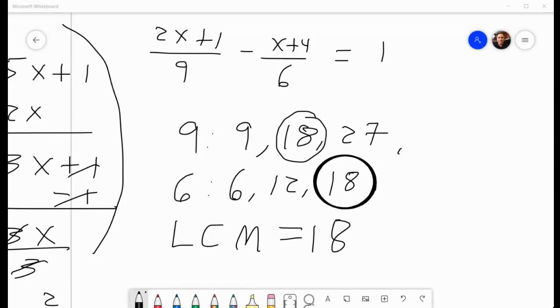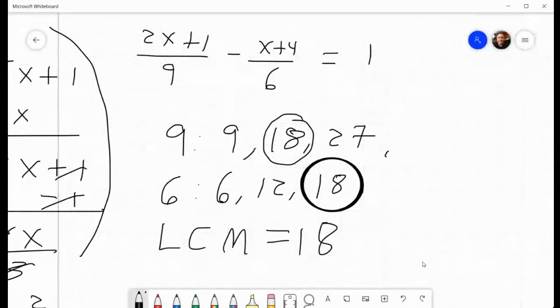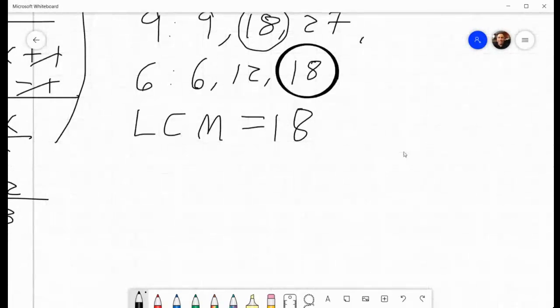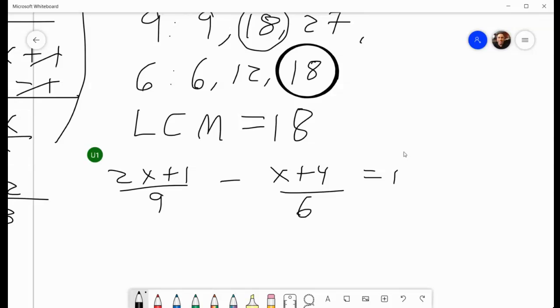So the next thing we do is we're going to multiply both sides by 18. Right? That's our least common multiple. So let me just rewrite the problem again. Okay, so I just had to rewrite it again.